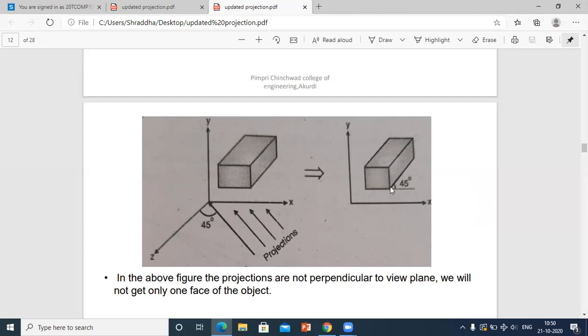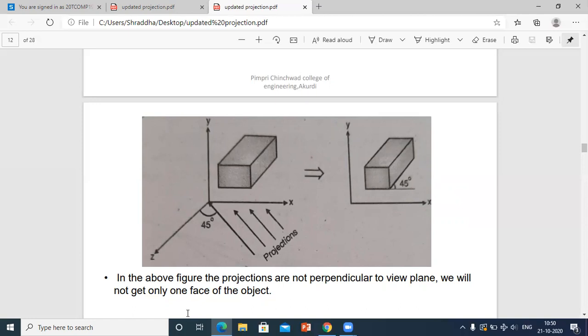So it has made an angle of 45 degrees and the protruding lines are parallel with the z-axis. See, this z-axis is in this direction, right? So this given object has parallel lines in the z-axis direction. In the above figure, the projections are not perpendicular to the view plane. We will not get only one face of the object.